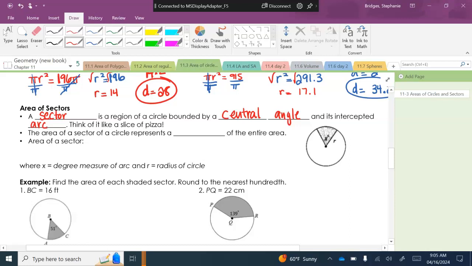I'm going to let you fill that in. A sector is a region of a circle bounded by a central angle and its intercepted arc.